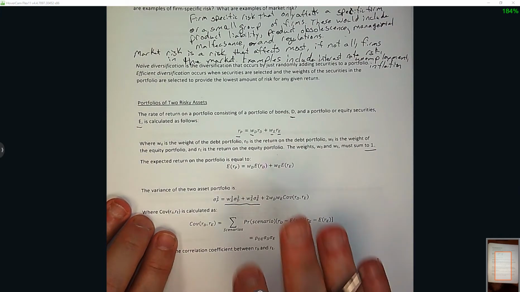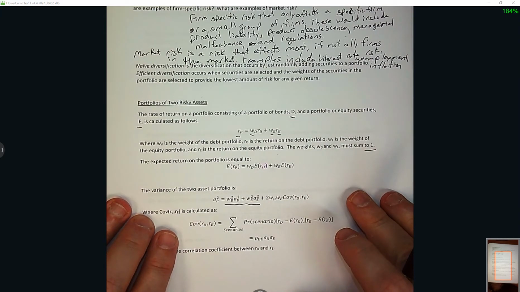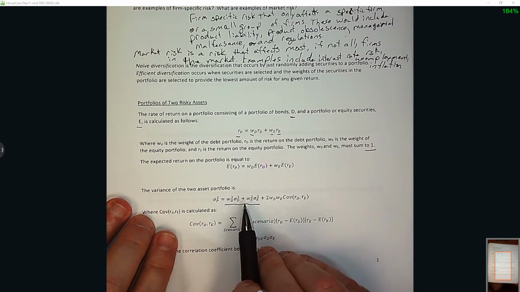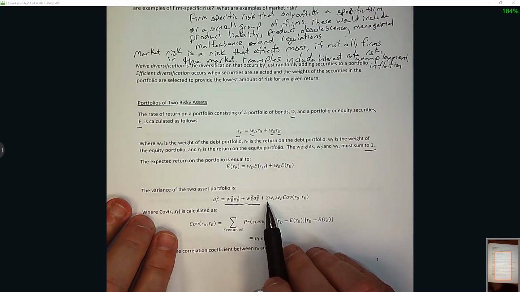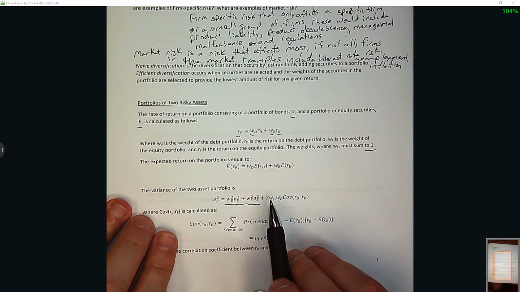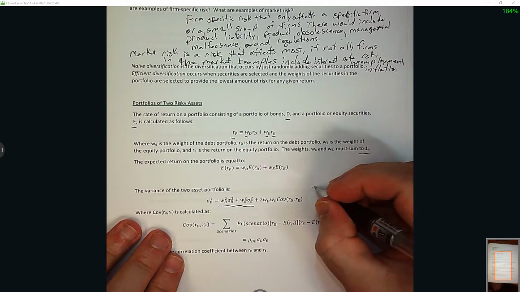What this third argument does is it reflects the interaction or the relatedness of the returns for our two investments, D and E, and shows how that affects the overall variance. So if we're diversifying, our covariance will be negative. If we're diversifying away some of that firm-specific risk, our covariance will be negative.